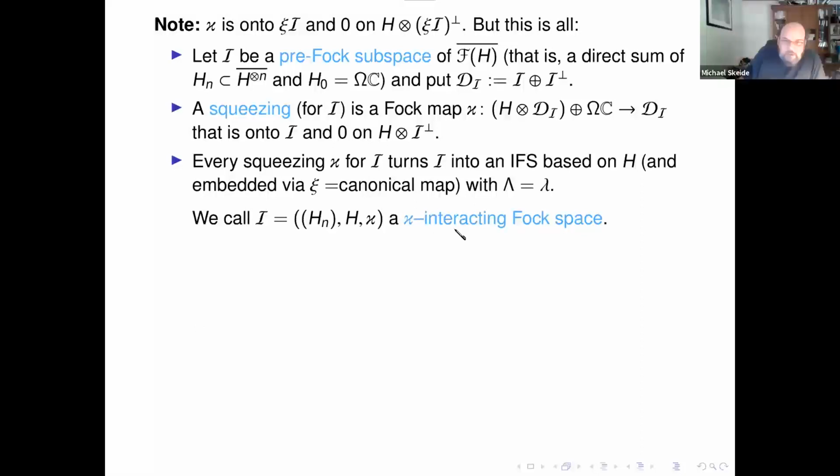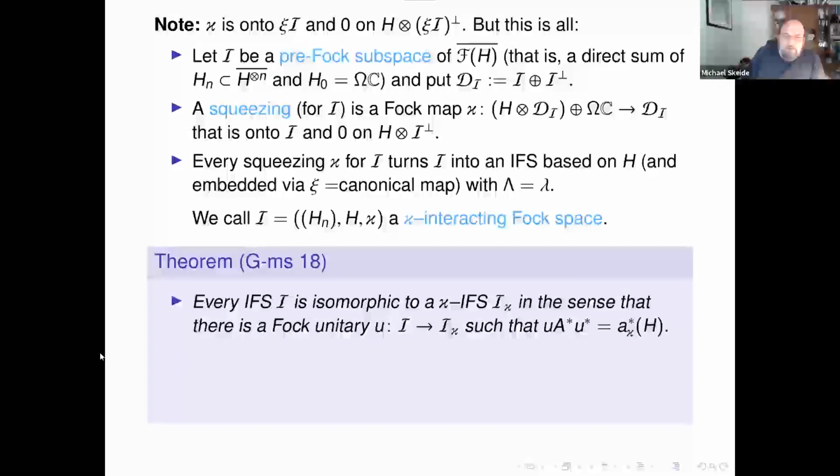And we call such an interacting Fock space a kappa interacting Fock space. By what we just did, every interacting Fock space can be embeddably based, hence embedded. If it is embedded, there's a kappa describing it. So every interacting Fock space is isomorphic to a kappa interacting Fock space in the sense that there is a Fock unitary between the two that intertwines the creation operators.